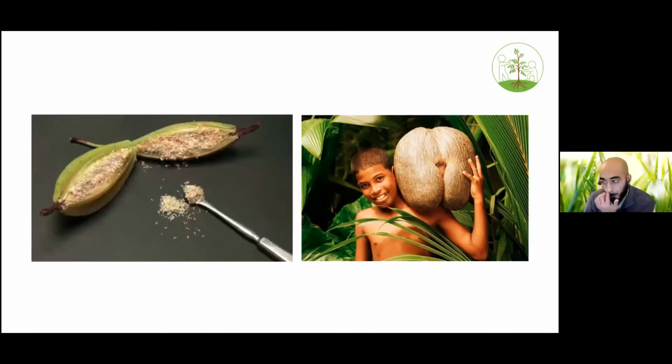So on these images, on the left, you've got a picture of orchid seeds, which are really small. They're like dust. They actually have no endosperm. Each plant produces, as you can see, thousands of them, an uncountable number each season.